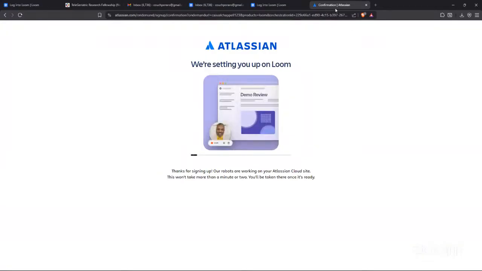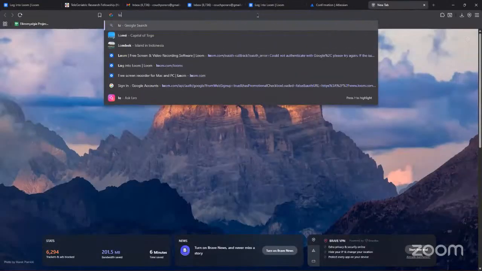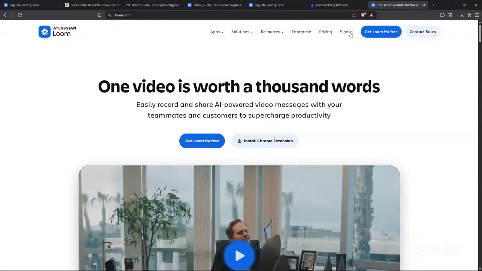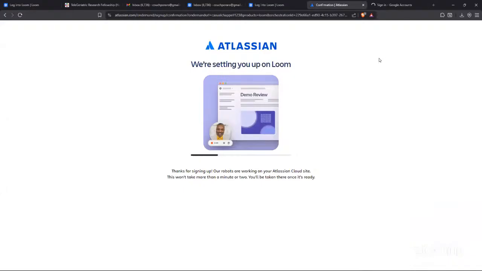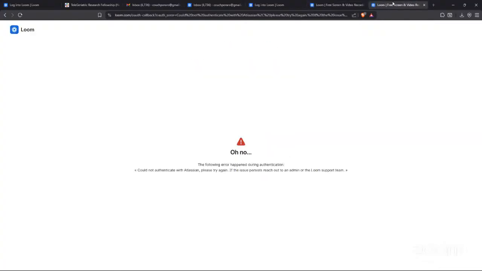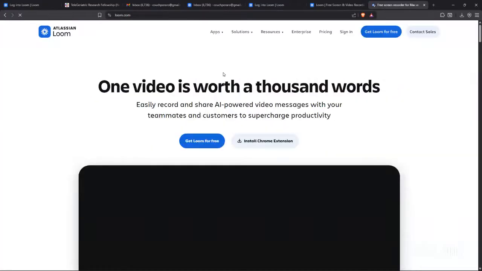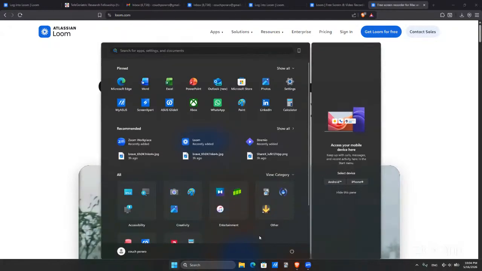While we're waiting, we can maybe open that instead. It's really not loading. Maybe I could try another web browser actually. Let's try Edge.